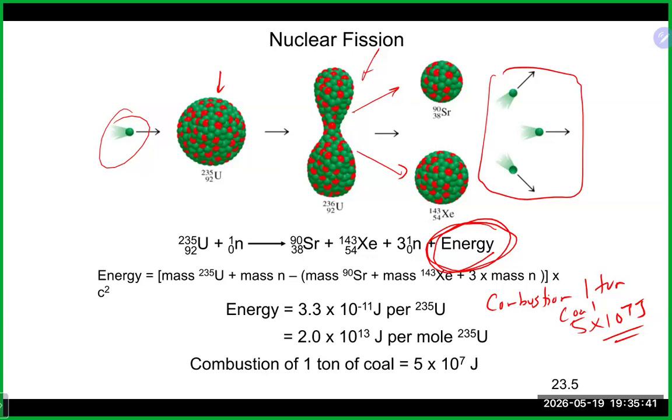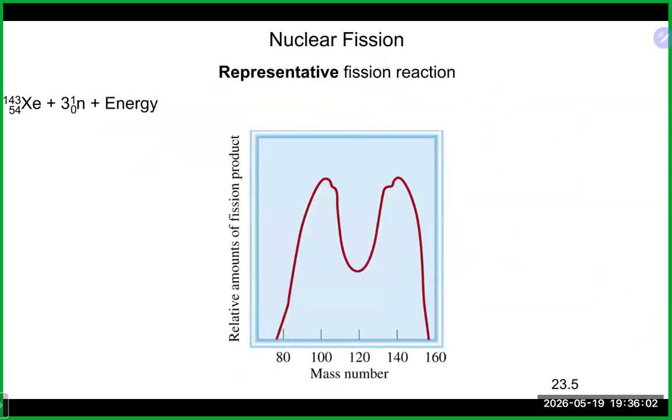That's why they compare, for example, coal to uranium. A traditional power plant uses coal to make power, and in a nuclear power plant, they use a fission reaction to do so, and you generate a lot more energy in a fission reaction.